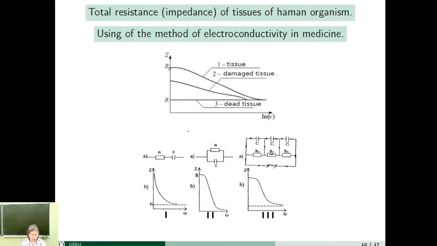The circuit combining the first two circuits is the most successful. One of them is represented in figure 3. Look at this. On this circuit, RK1 and RK2 are the resistance of skin, and RT is the resistance of tissue, and C1, C2, and C3 are capacities shunting these resistances.